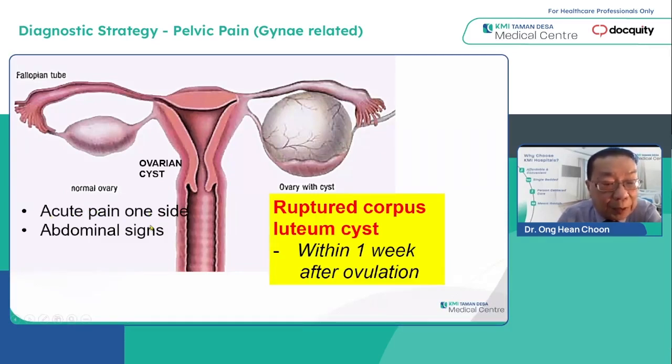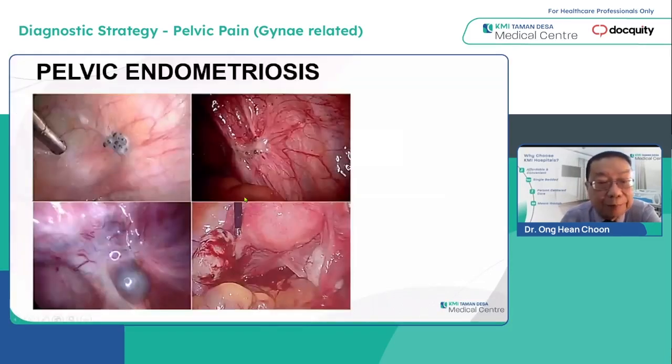There may be abdominal signs or there may not be any abdominal signs at all. Usually it occurs within about 1 week after ovulation. This can be very easily diagnosed on an ultrasound scan because you can see a ruptured corpus luteum cyst very clearly.